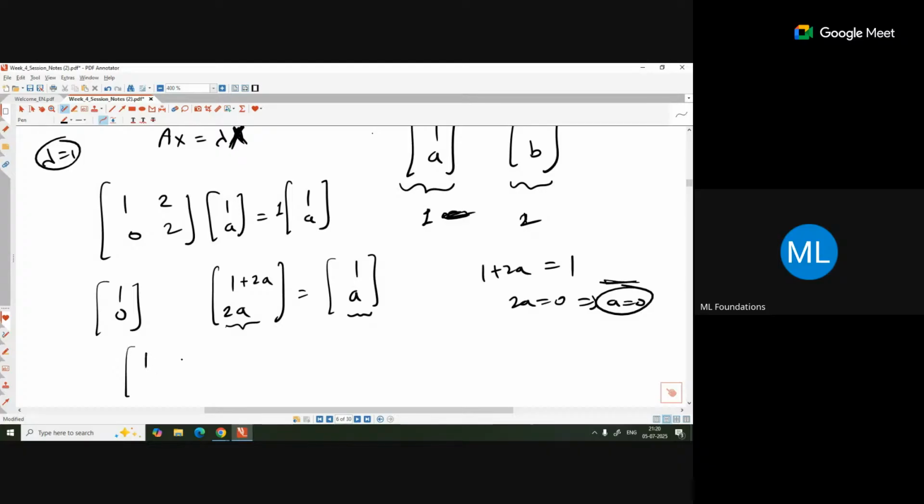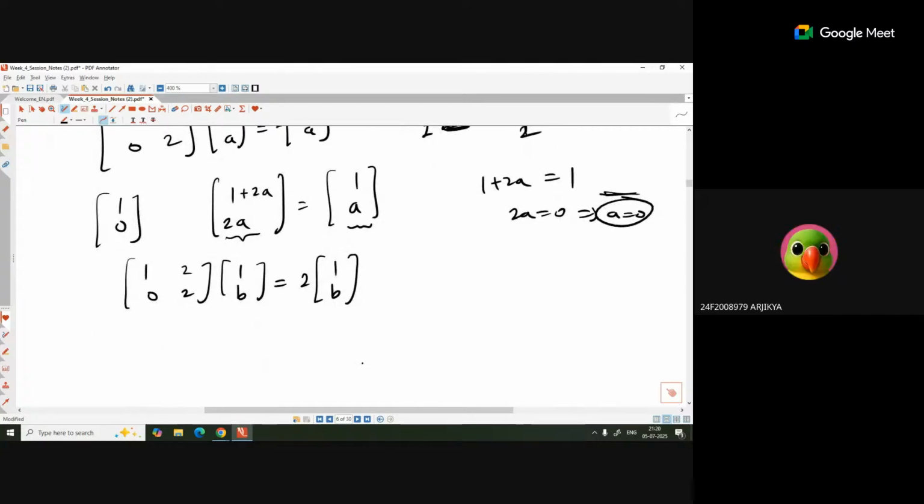What about the second? The matrix times (1, b) equals 2 times (1, b).